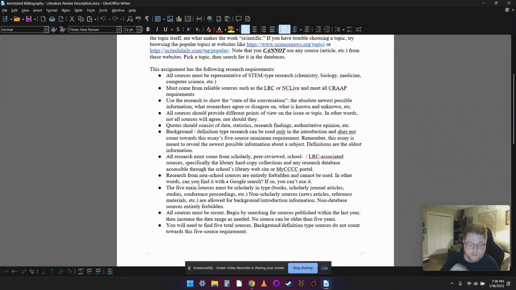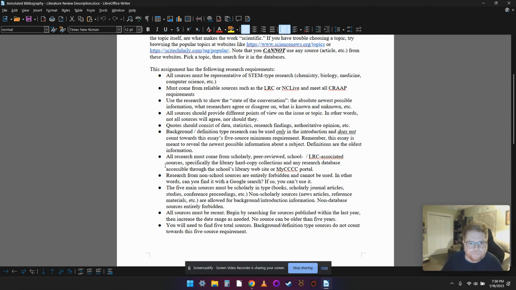But the key thing there is that, one, this background and definition type research can only go in the introduction, and two, it doesn't count towards the 5 required sources for the whole project. So if you find 1 or 2 different background and definition sources, you still need to find 5 more scholarly sources that do all of that stuff.